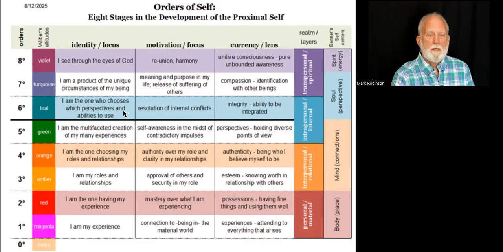Now, I will say a little bit here about seventh and eighth order because it's there, but I don't know anybody who lives there. I know lots of people who have been there momentarily, maybe have had a moment of unitive consciousness, of pure unbounded awareness in a kind of flash of a mystical awareness.